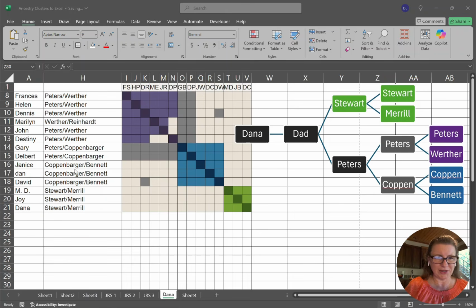They are my dad's first cousins. And then we have the people who are just blue, and those are my dad's mom's side, the Koppenberger Bennett. So this is great. And we saw this already before, but my dad didn't just have his clusters form 4 groups showing his 4 grandparents.